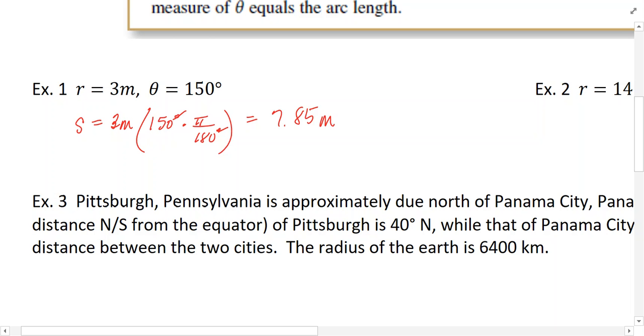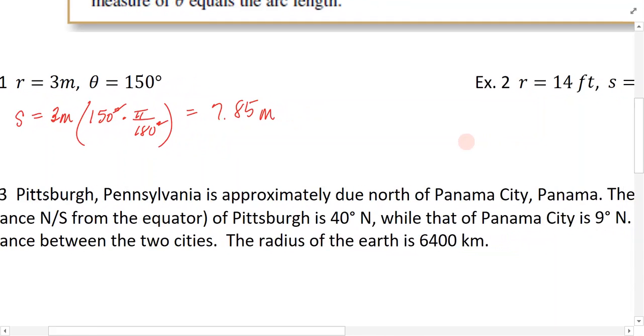There are different contradictory ways to explain it, but sometimes I put it in just so I can identify that I have changed my angle into the right mode. Ultimately we don't write meters and radians together. We would just say the length of the arc is 7.85 meters.